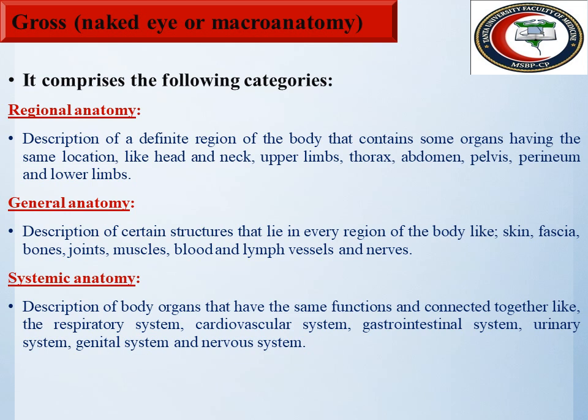General anatomy describes certain structures that lie in every region of the body, such as skin, fascia, bones, or blood. Systemic anatomy is to describe the human body in the form of systems. For example, respiratory system, cardiovascular system, urinary system, or nervous system.